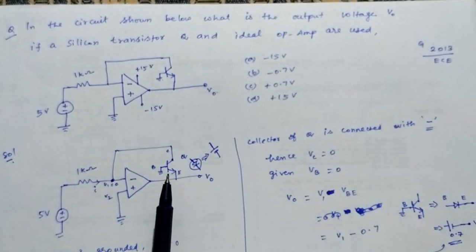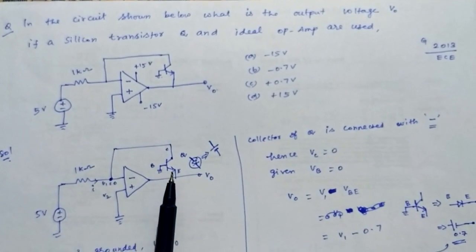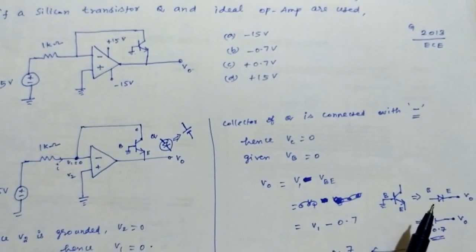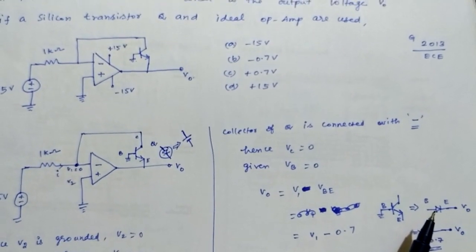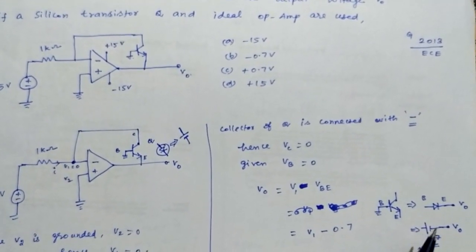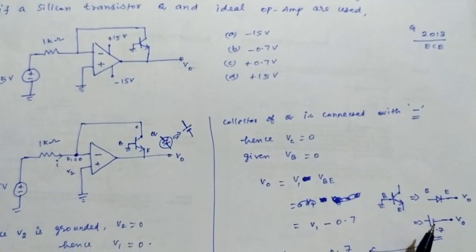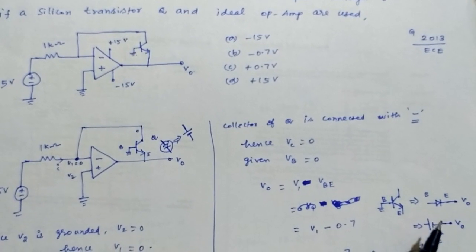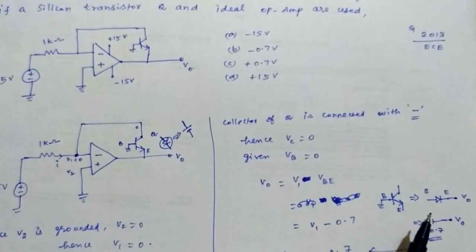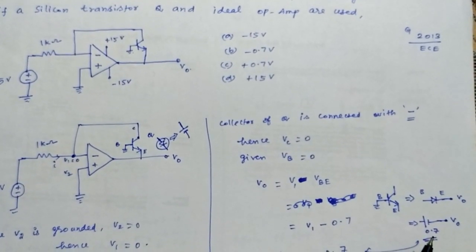Now again from the knowledge of transistor, this base emitter we can model as one diode. This base terminal is connected with the anode, that is positive, and the emitter terminal is connected with the cathode, that is minus. For the silicon transistor, we know the base emitter voltage is 0.7 volt.